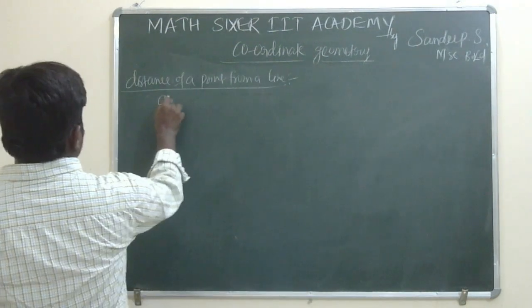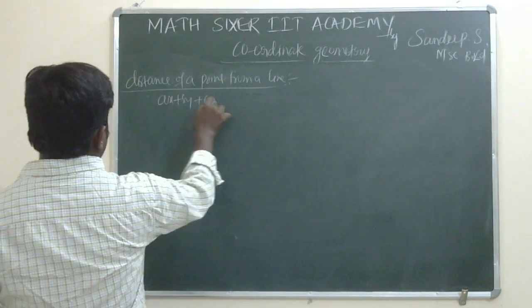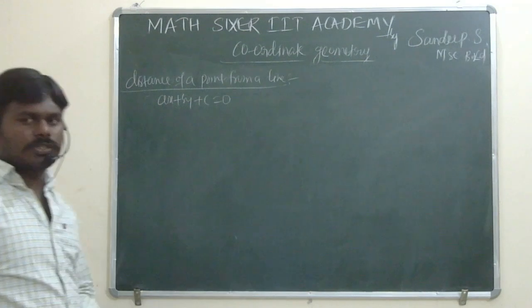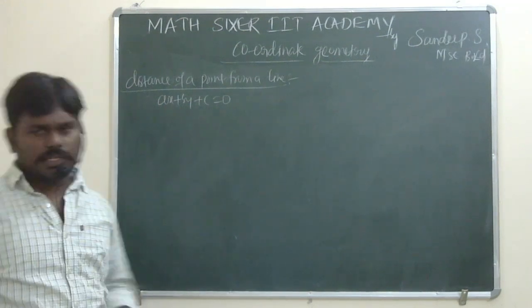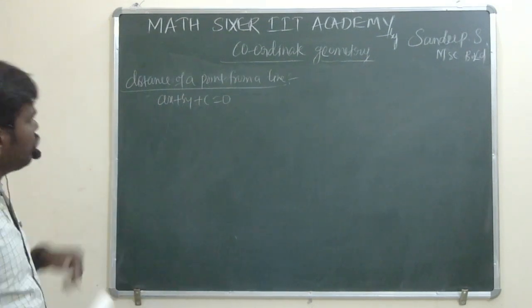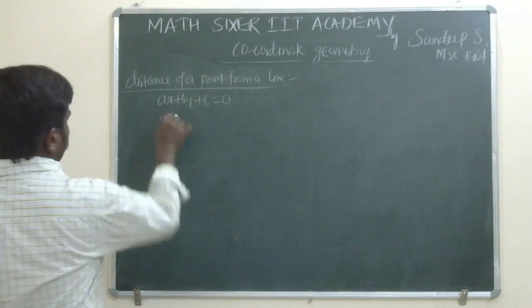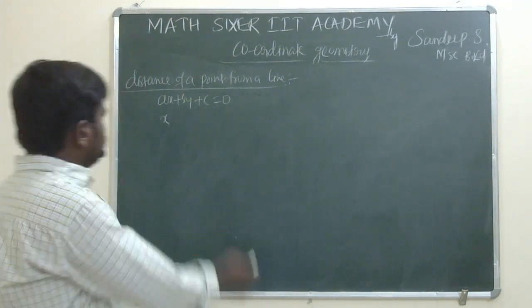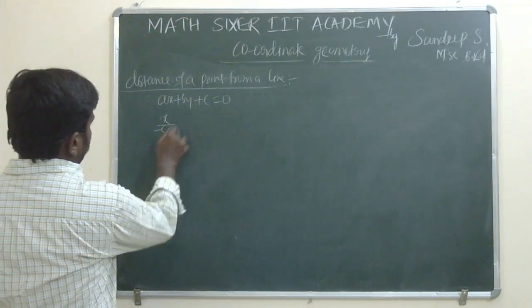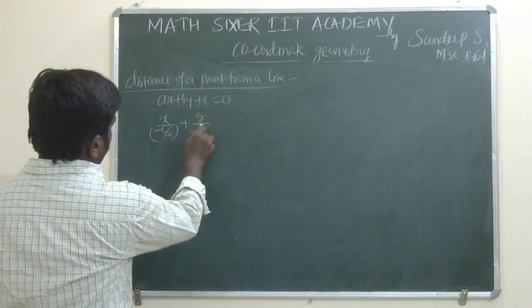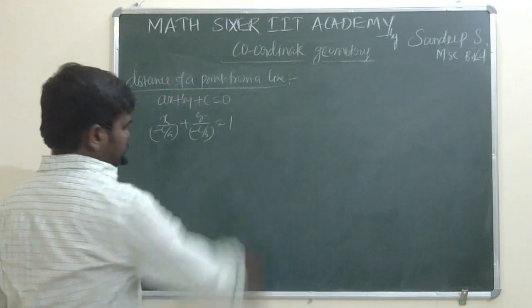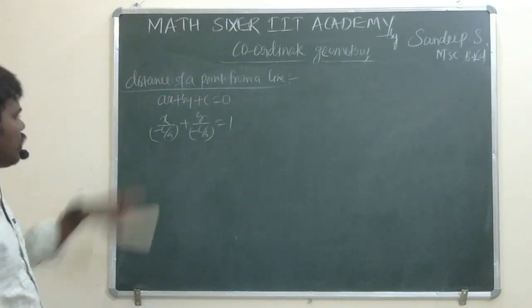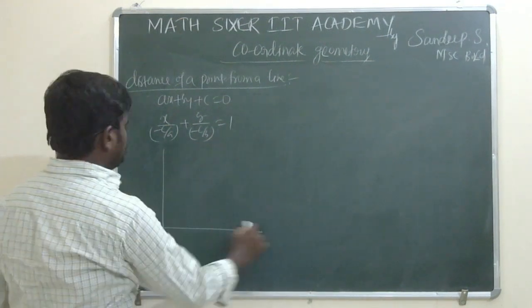let me take the general equation for the straight line, ax plus by plus c is equal to 0. So when you arrange everything according to the intercept form, then we can write x by minus c by a plus y by minus c by b is equal to 1. When you draw the graph of this, it is very simple to identify.